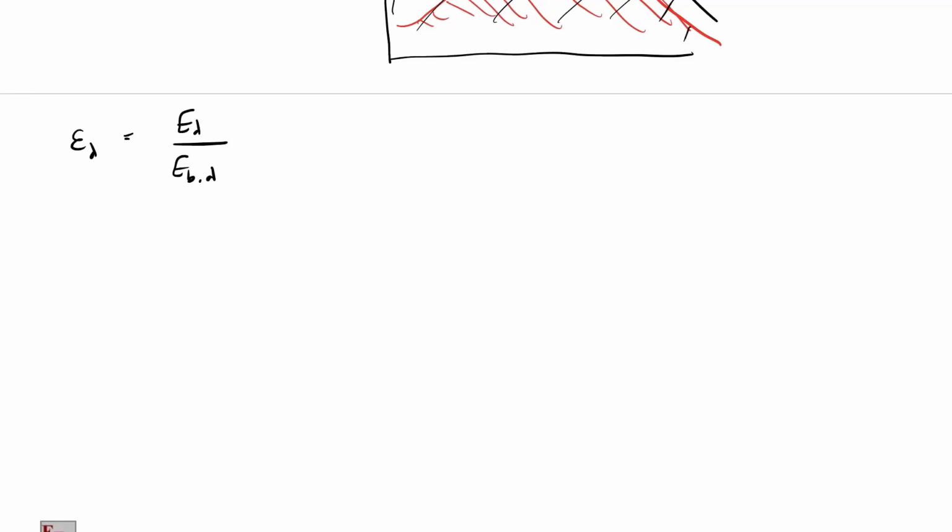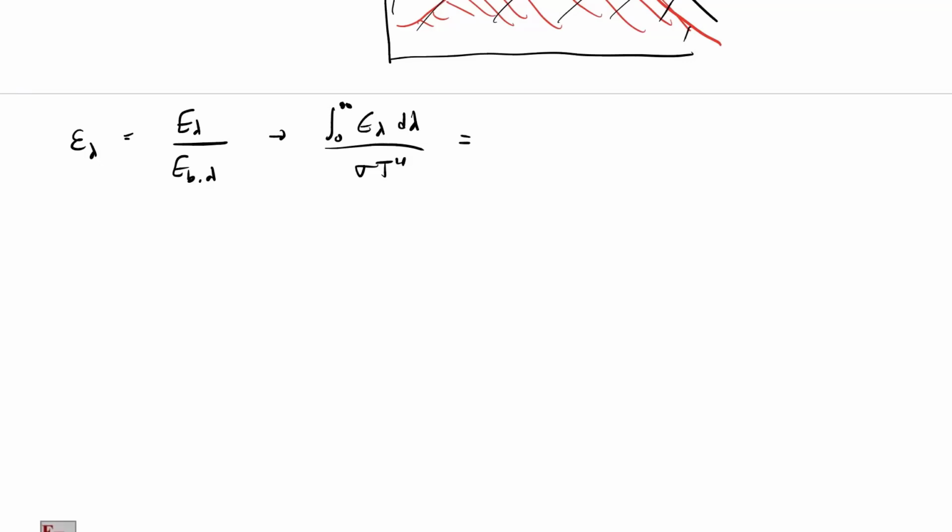So we can rewrite the definition we had before. Let's just write this in steps. So we have our integral from 0 to infinity of E lambda d lambda divided by sigma T to the 4th. What we want to do is define this in terms of our spectral hemispherical emissivity.